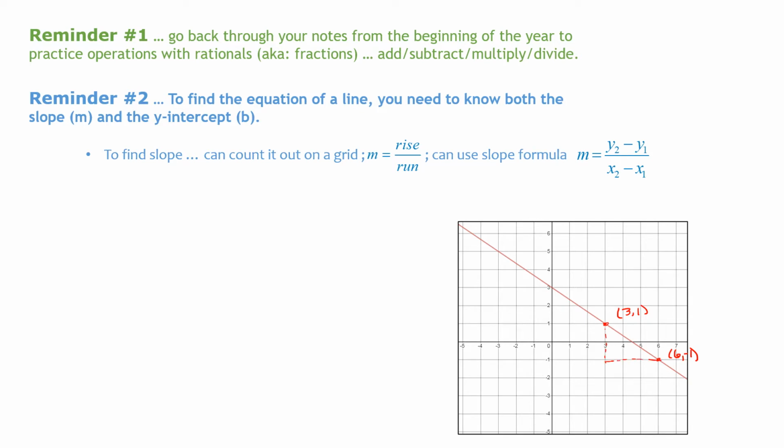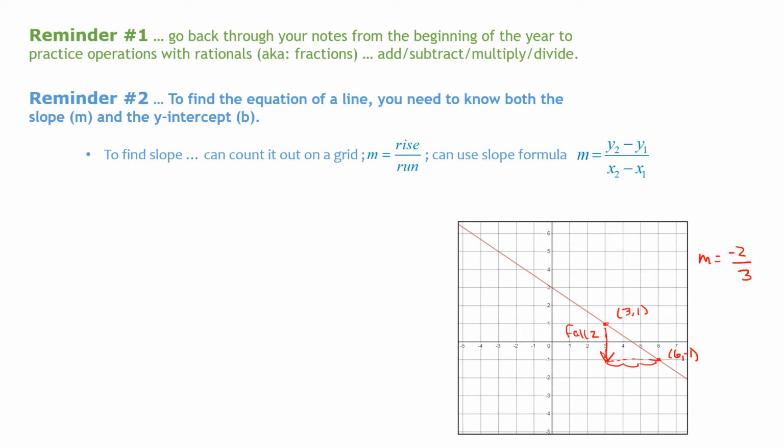In this case, it's negative coming down this way, so it's going to be a fall of how many units? That's 2 units, so it's a fall of 2, which means the numerator is going to be a minus 2 over a run of 1, 2, 3. So it looks like my slope is negative 2/3. That's one way to get it.